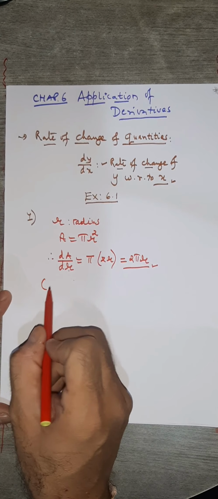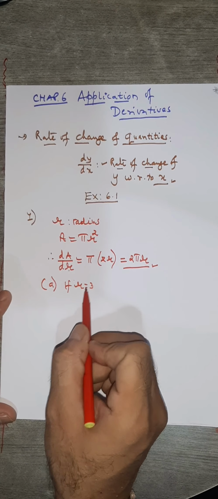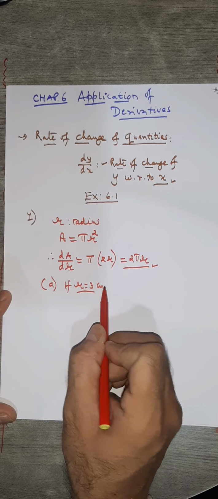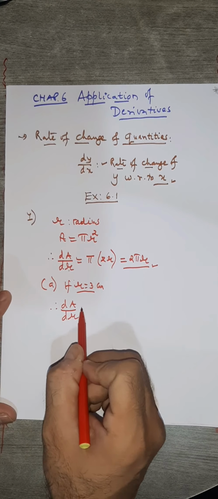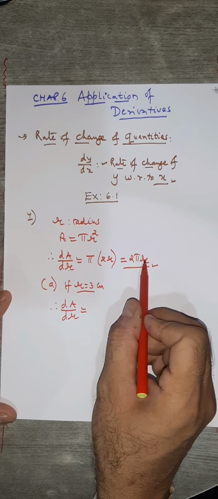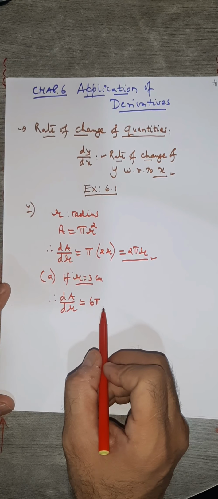Now there are two sub questions. The first, if r is 3 centimeter, then the change in the area with respect to radius, put r equals 3, so 6 pi.